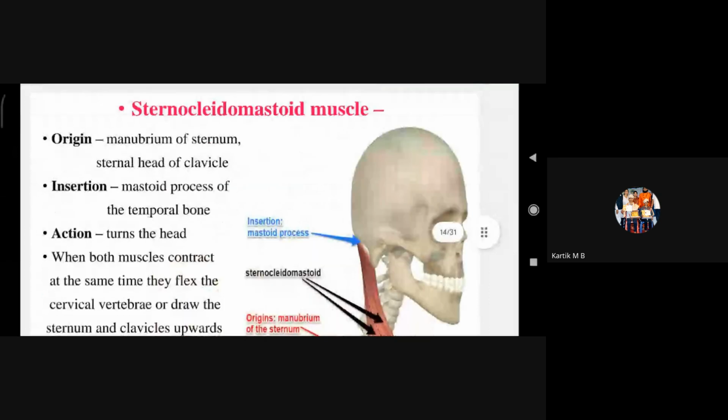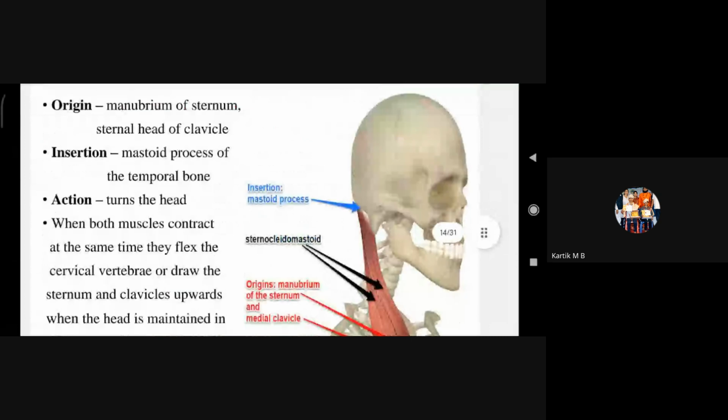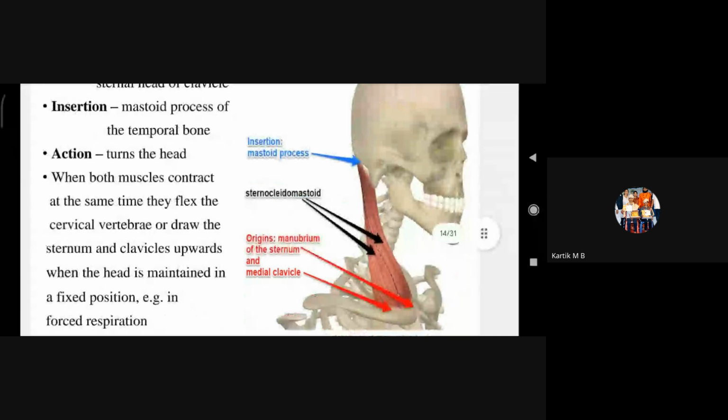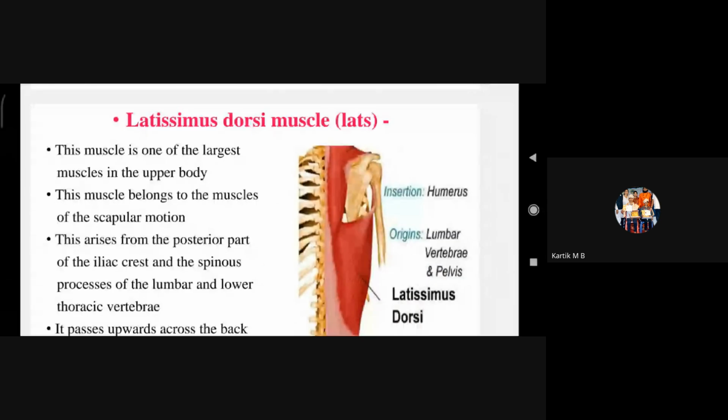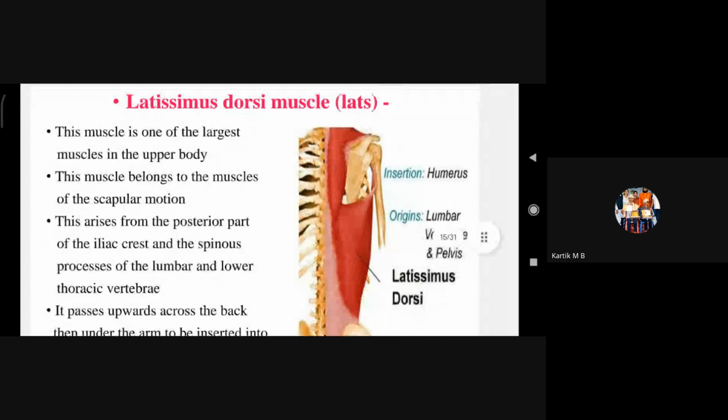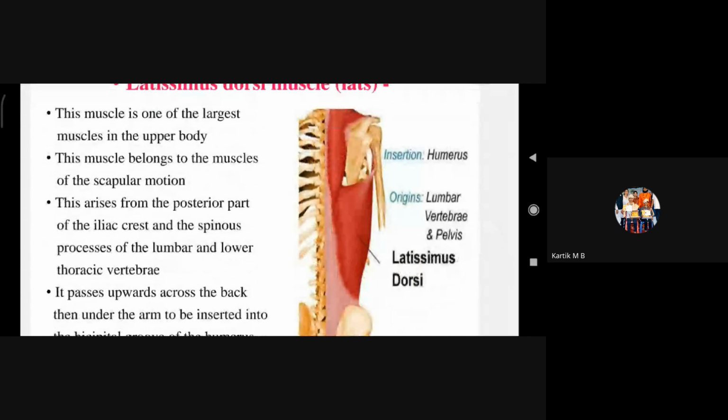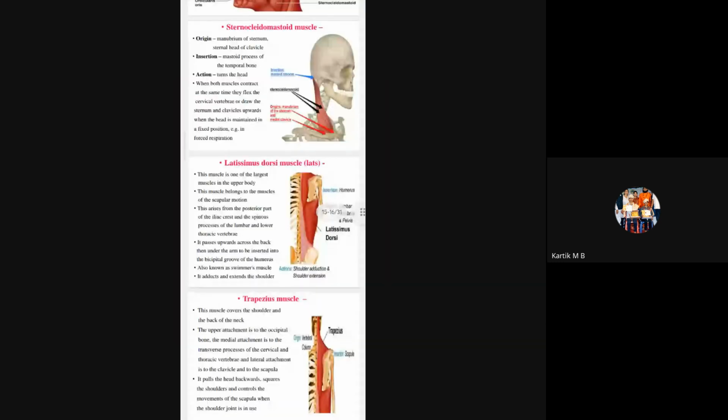Sternocleidomastoid muscle is present in our neck region, which is important for making our neck movement and also plays a very important role in our breathing process. Next, latissimus dorsi muscle, which is present in our back and is one of the largest muscles of our upper body. So this is the summary of our class today. Any question? Thank you.